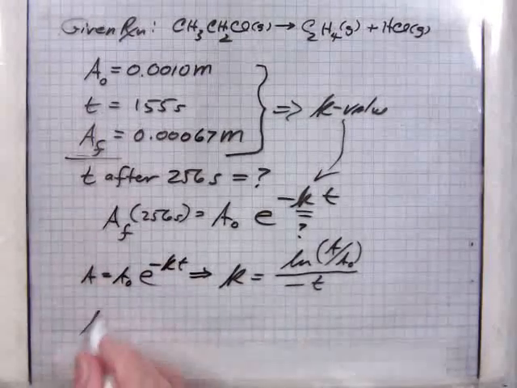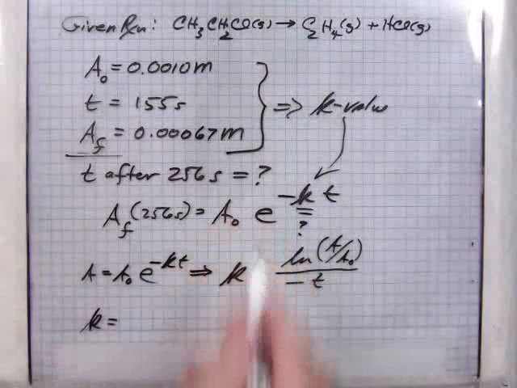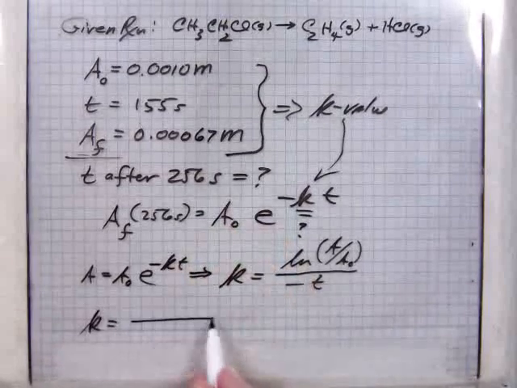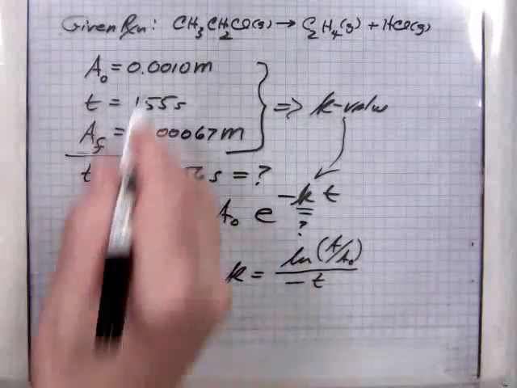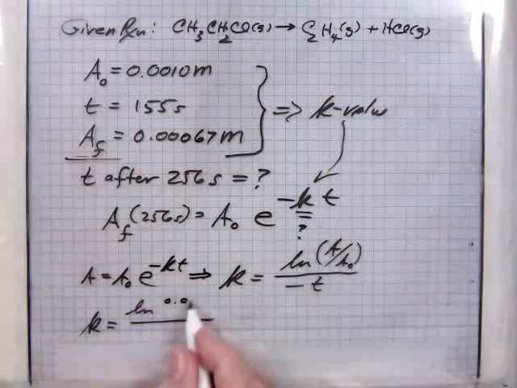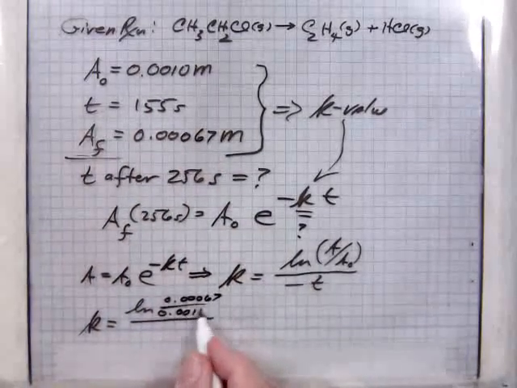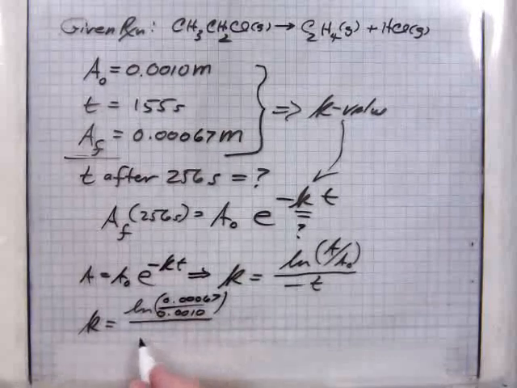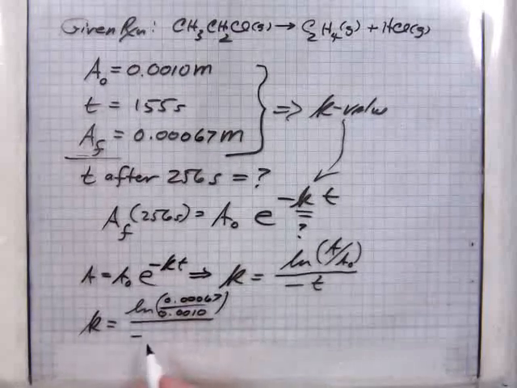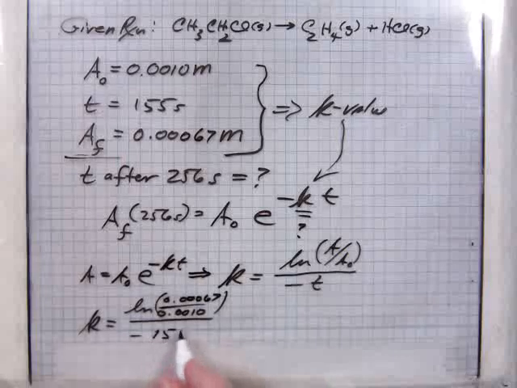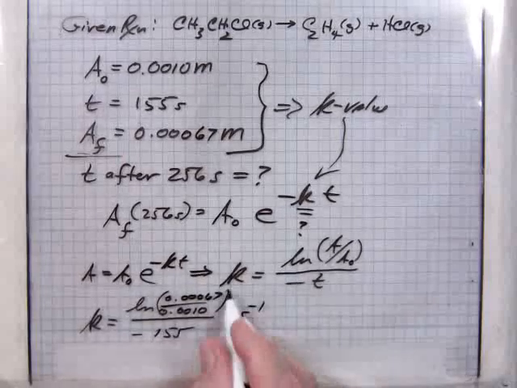So we can now calculate k for our problem, which is ln of 0.00067 over 0.0010, and that's over the time minus 155. It'll come out seconds to the minus 1.